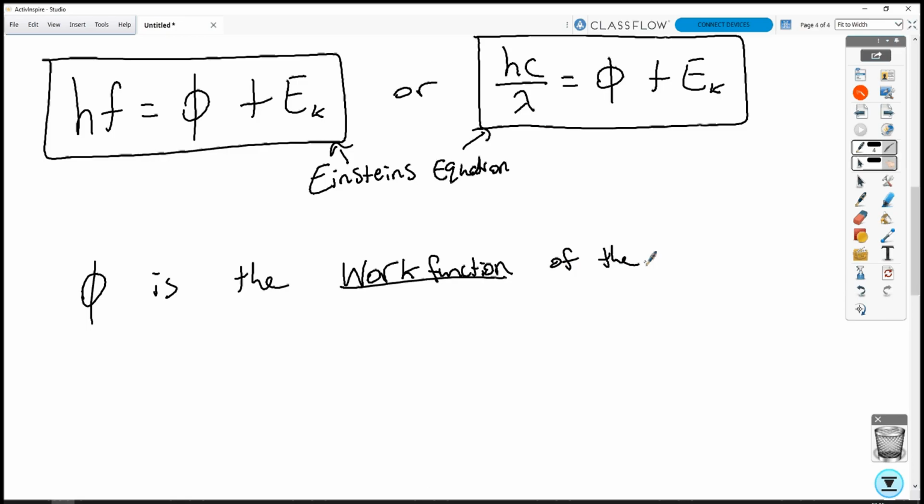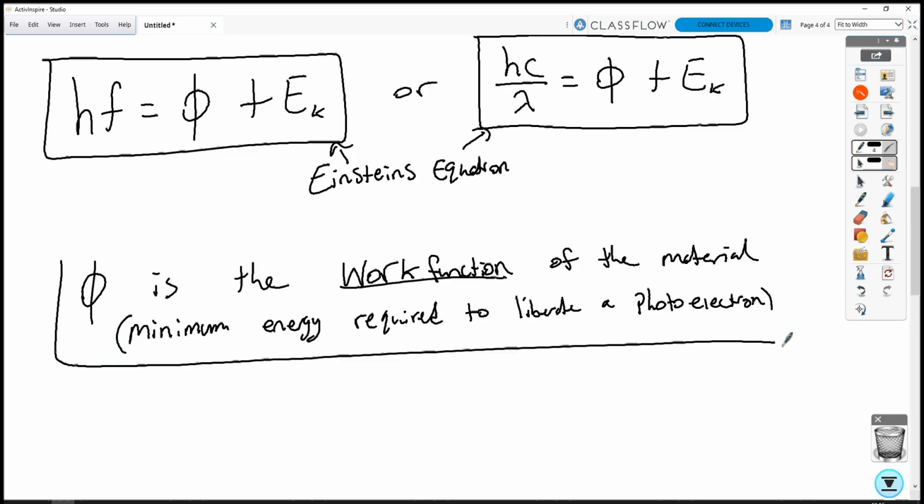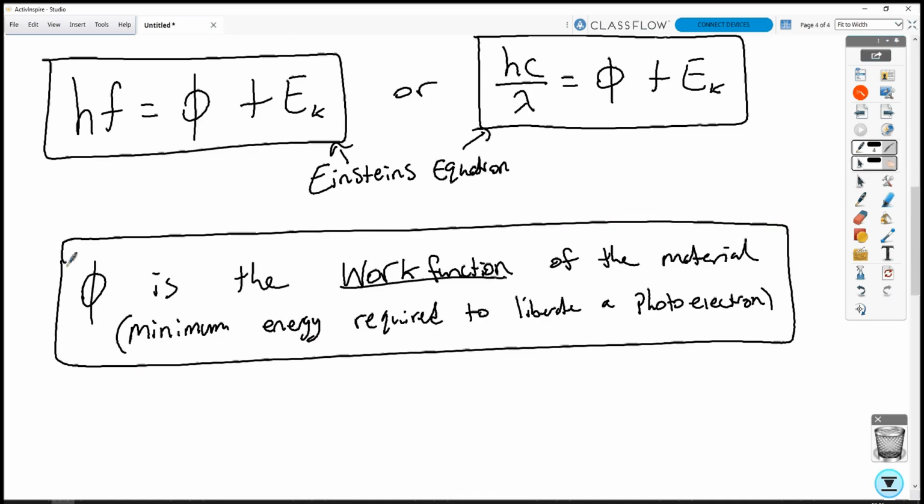And that means it's the minimum energy required to liberate a photoelectron. Put a box around that statement. You must be able to recall this in an exam.